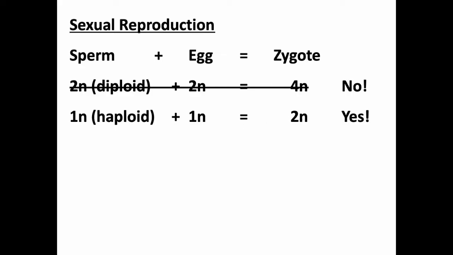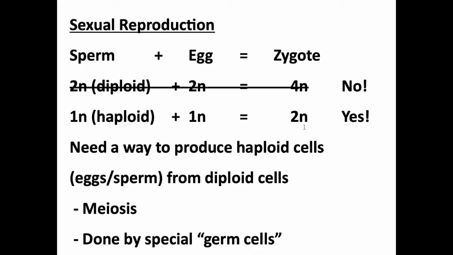Now, the tricky part is we need a way to make these haploid cells. Everything we talked about in the last chapter, mitosis as part of the overall eukaryotic cell cycle, made identical copies of cells. Here, we need to make haploid cells. No other cells in the body are haploid. We need a way to make haploid eggs and haploid sperm from diploid cells.